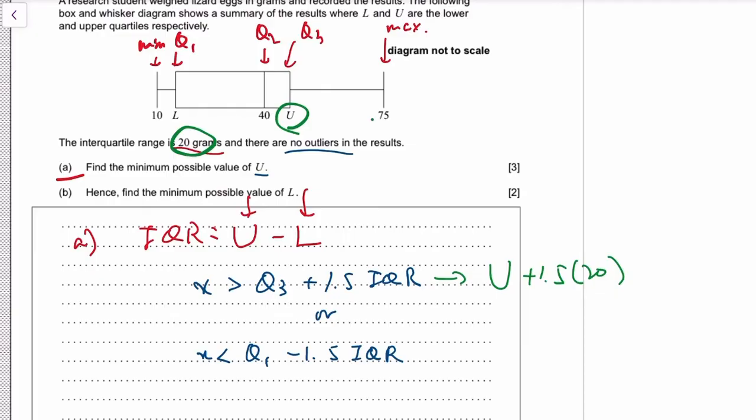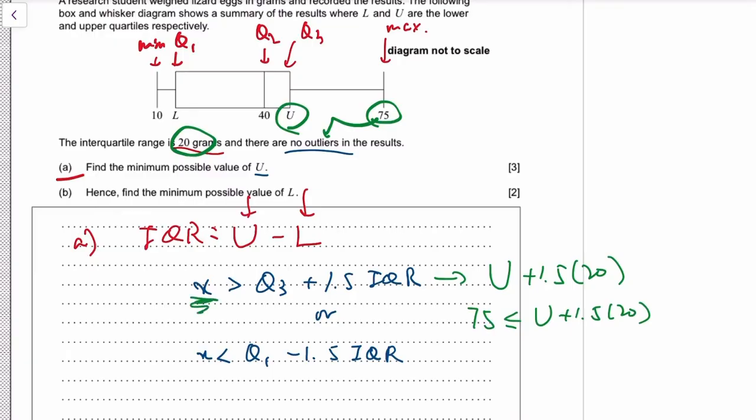But you can see that 75 is the biggest data point, and 75 is not an outlier. What that means is 75 must be less than this, or equal. It could just be that value. Then 75 would not be an outlier, right?